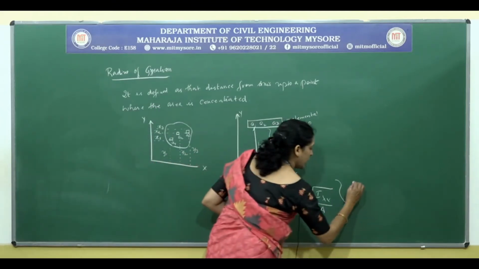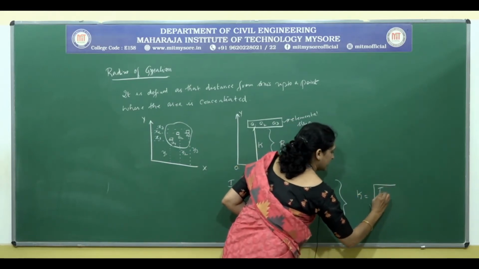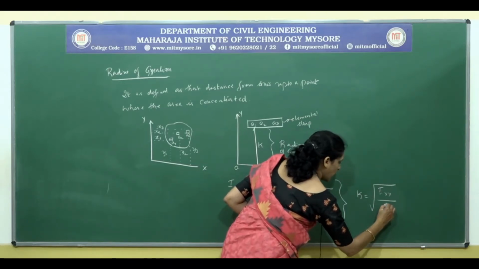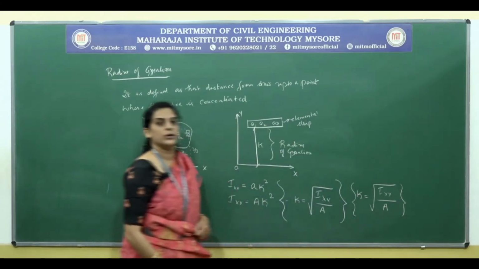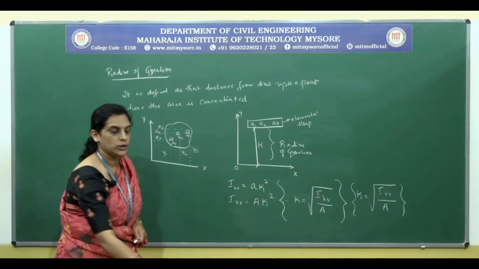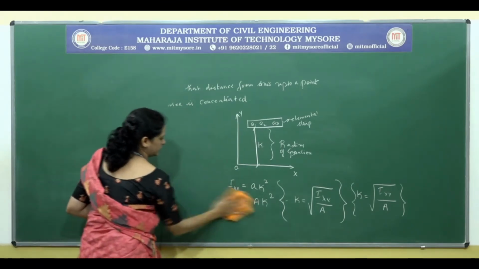Similarly, if we are considering y axis as the reference, then it is written as square root of Iyy by capital A. Next, moving on to the polar moment of inertia.